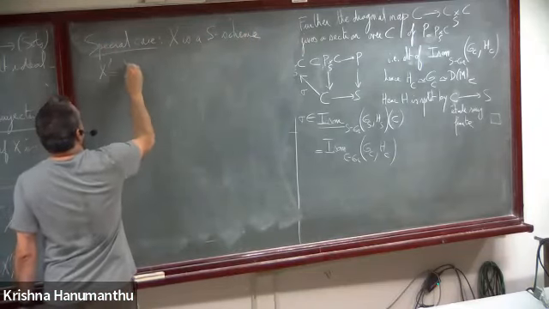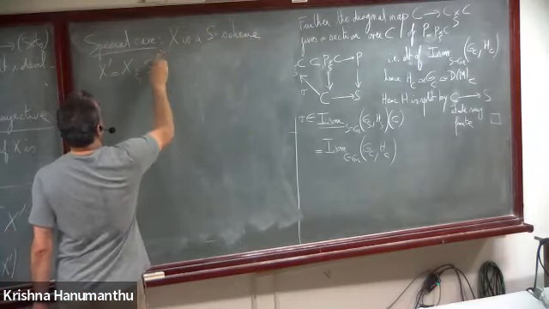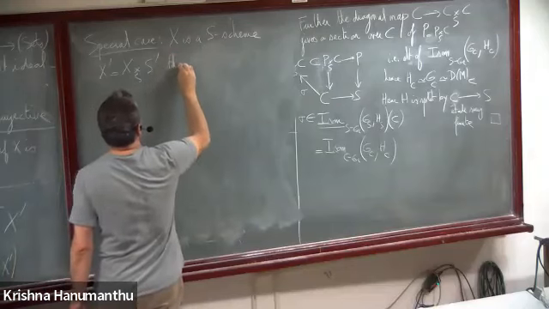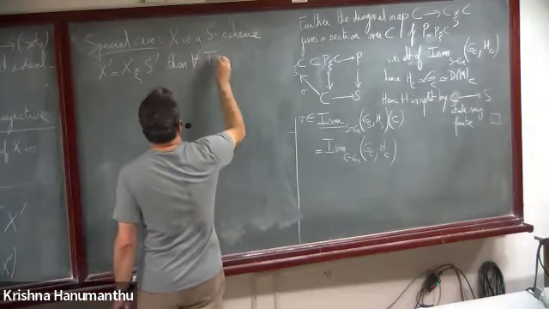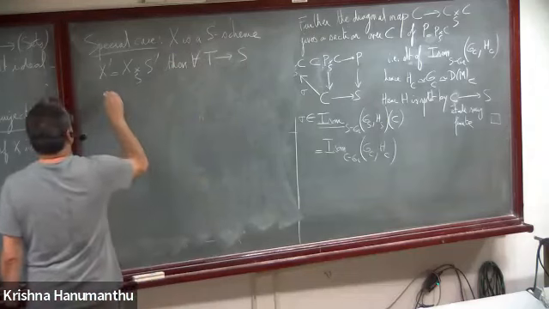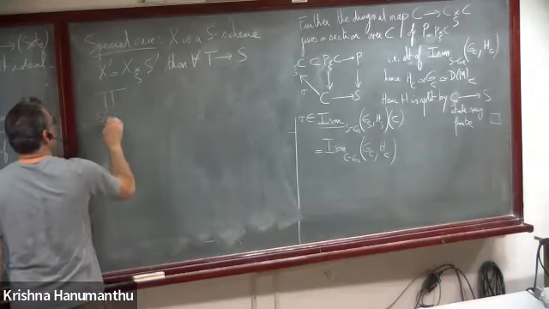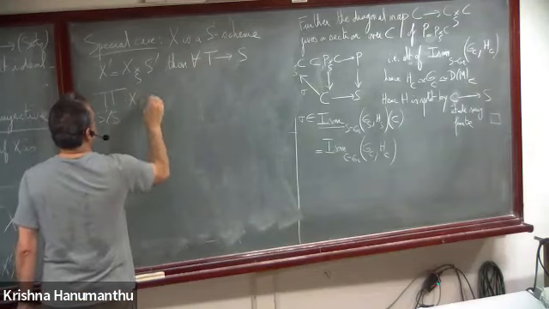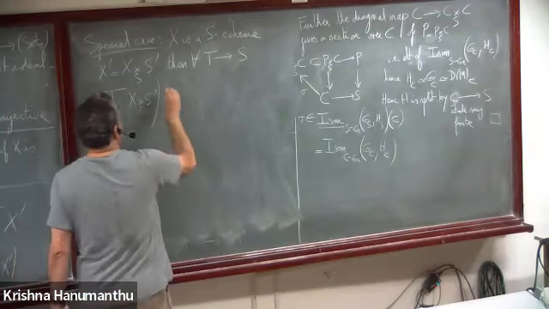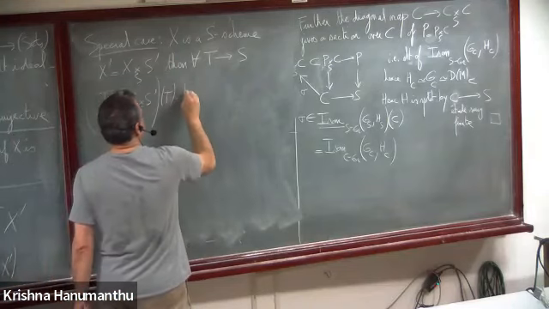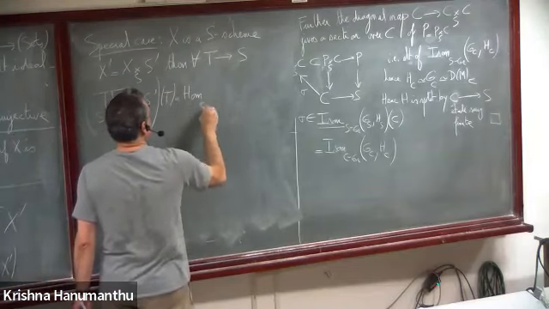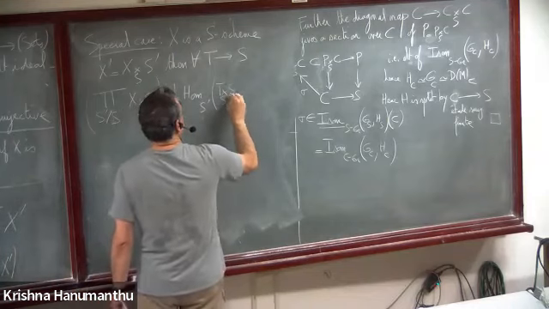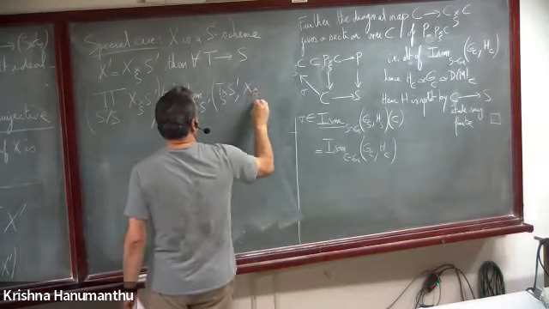So we can lift it, we can base change it, and then for any scheme T over S, the restriction of scalars of X ×_S S' of T is the homomorphisms of S' schemes from T ×_S S' into X ×_S S'.